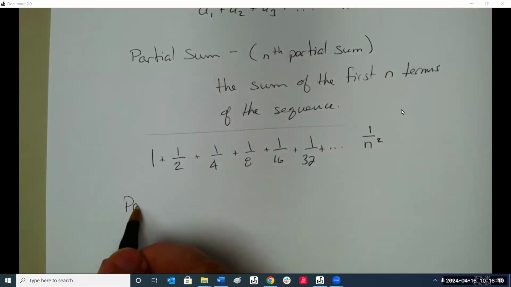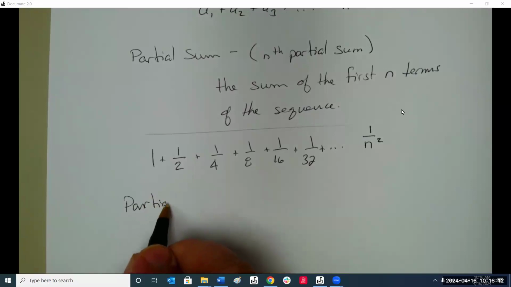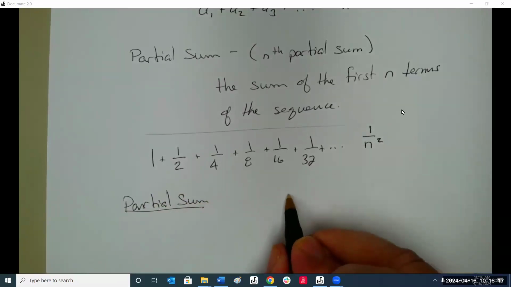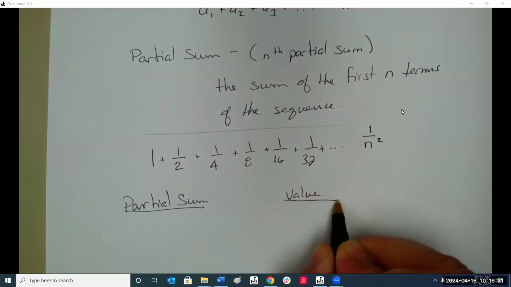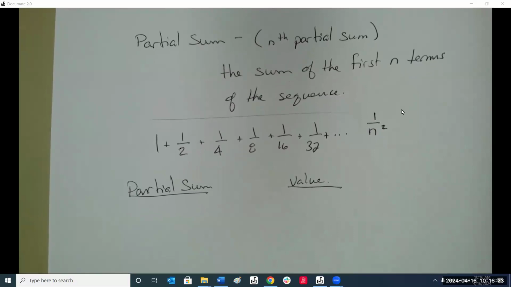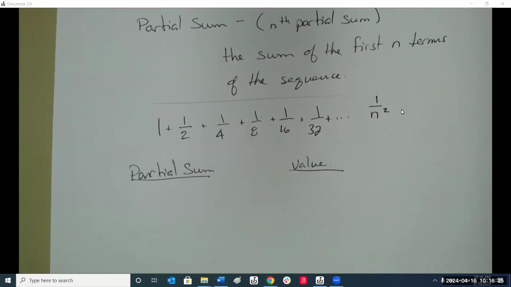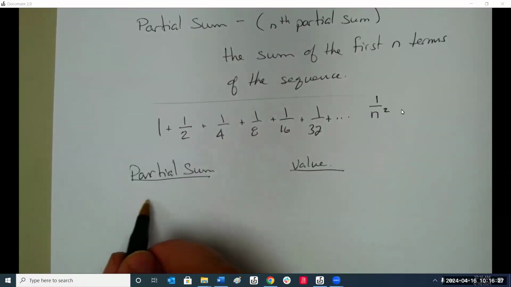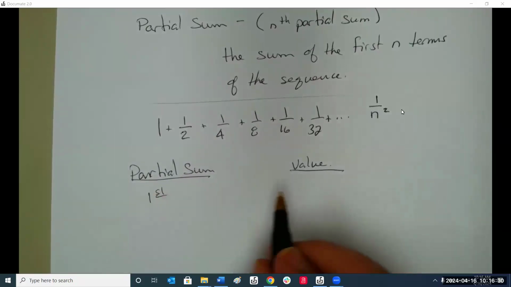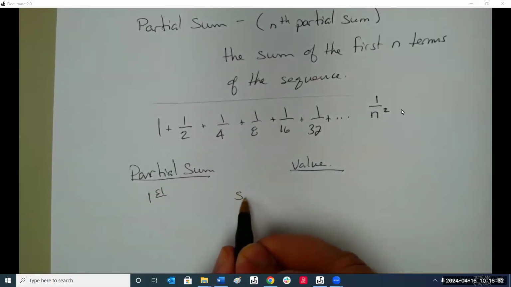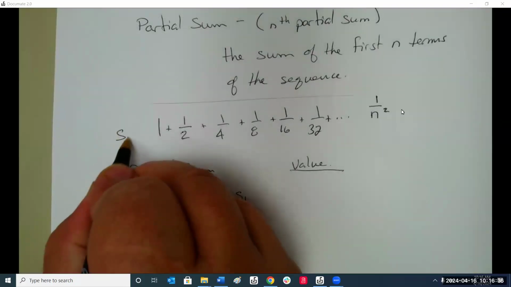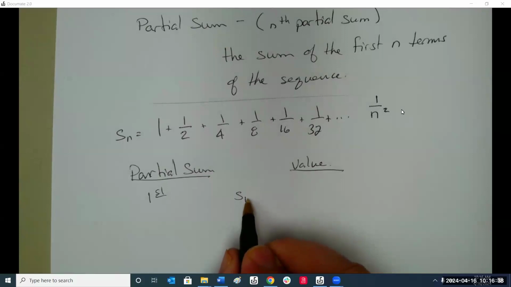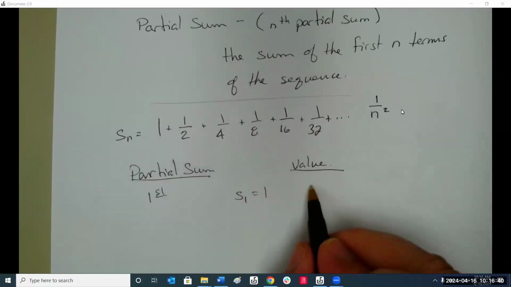So here are the partial sums. For the first one, S sub 1 is 1. That's the first term. The value is 1.